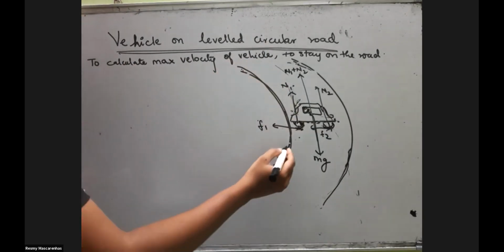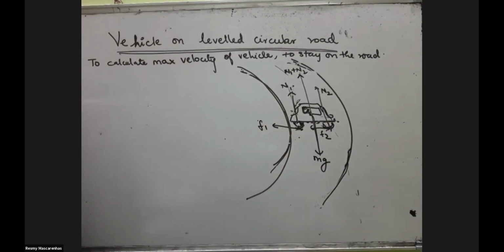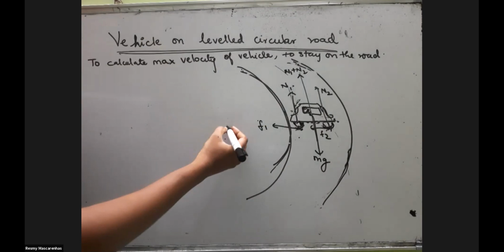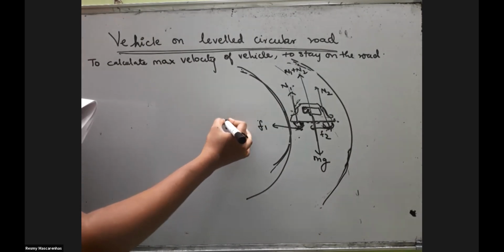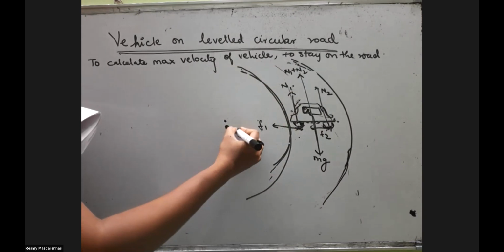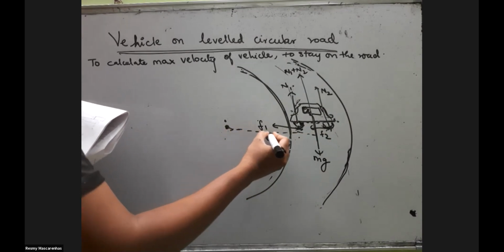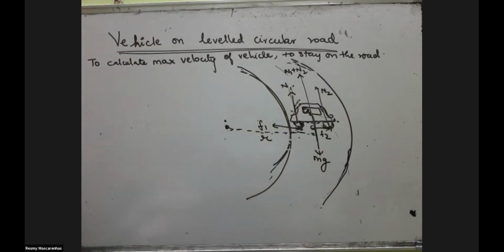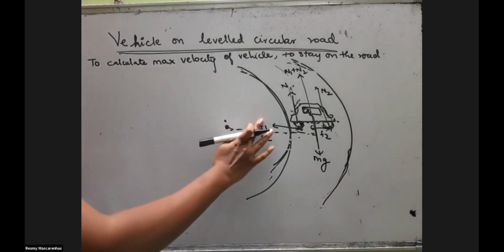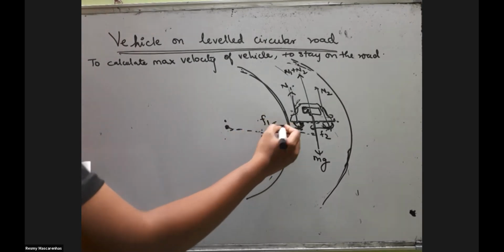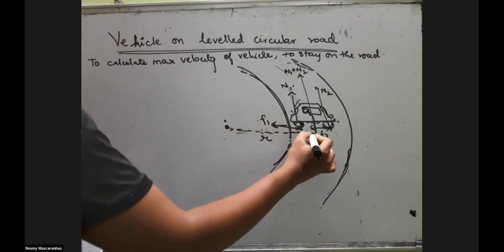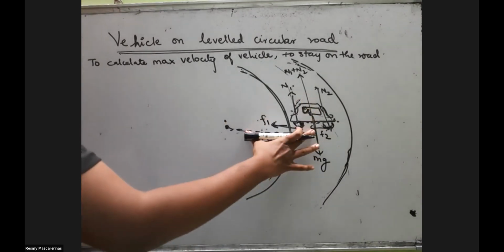And now this is a circle, so we have to consider some radius r from this point. If this is the center of this circle, then this might be r. This arrow is for friction, and this much distance would be r from here to the center of the car.